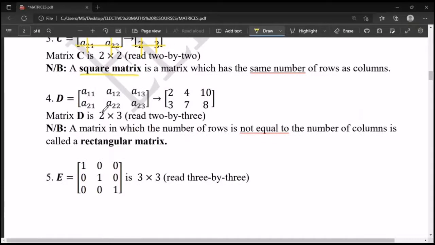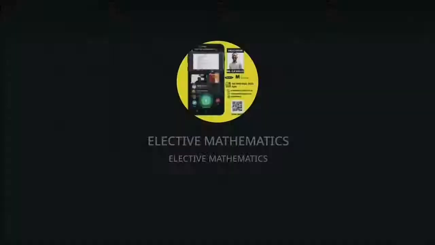Example D. How many elements do we have here? We have 6 elements. And how many rows? Let's check the order. Row 1, row 2. Let's check the columns. Column 1, column 2, column 3.